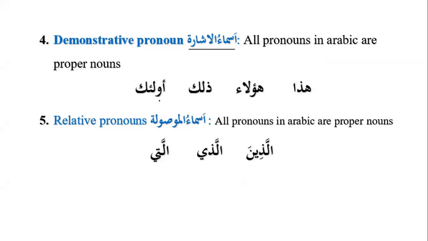So all of them are definite, they are marifa, they are proper nouns. Then we have relative pronouns, asma'ul mawsula. Similarly, all relative pronouns like alladhi, allati, alladhina, allati are also proper nouns. They are definite and they fall in the category of proper nouns.